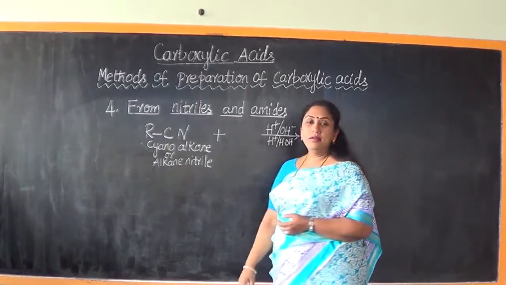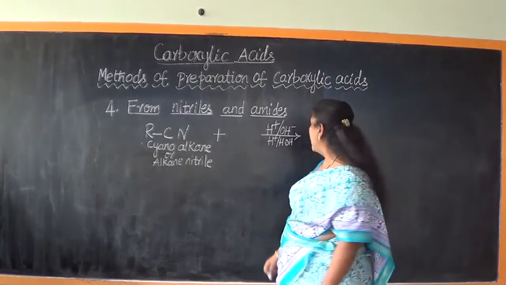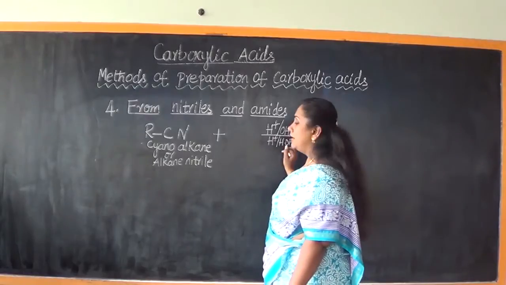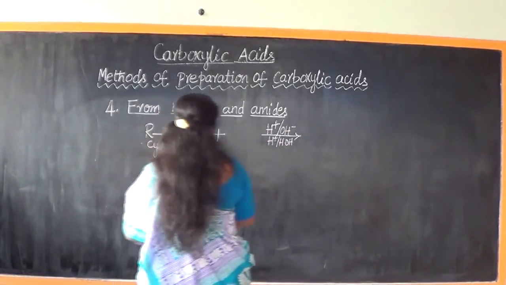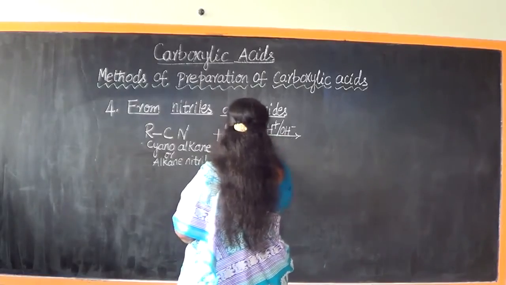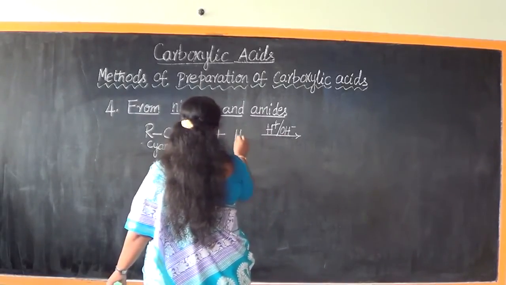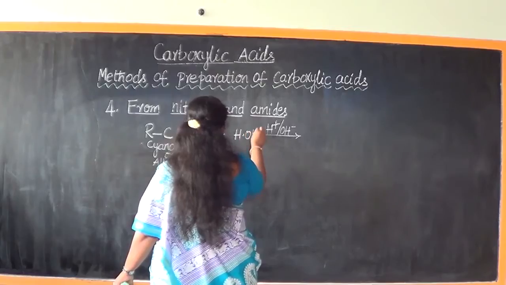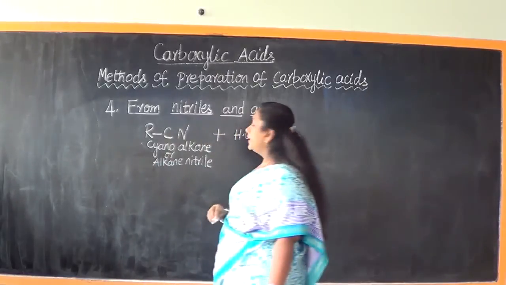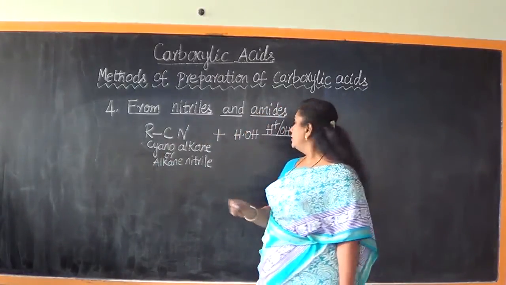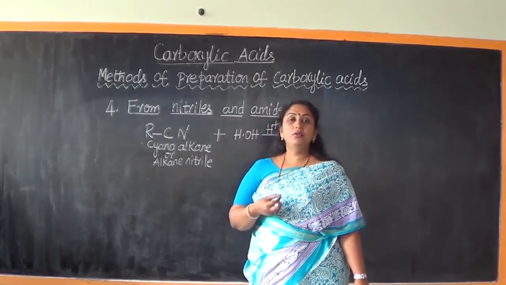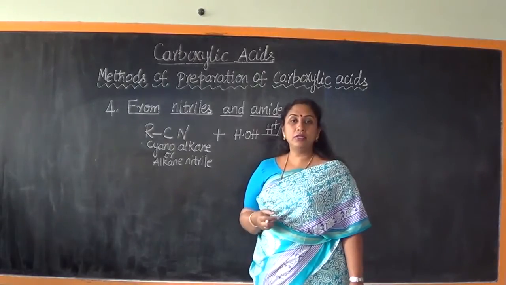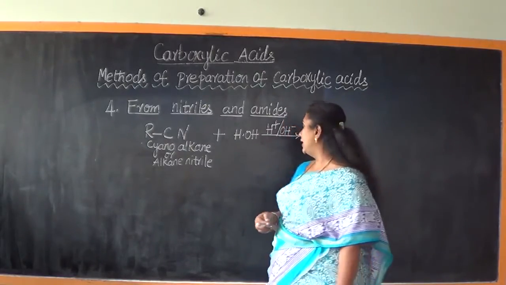Now here there is involvement of water. So instead of writing H2O, I am splitting and writing water as HOH. So these are the different representations that we use to say that a particular reaction is subjected to acid hydrolysis.